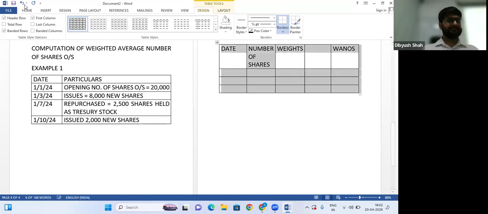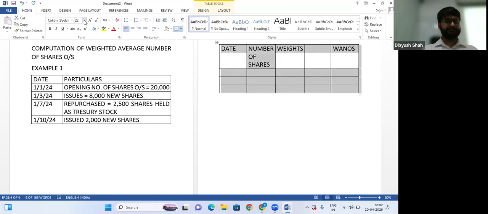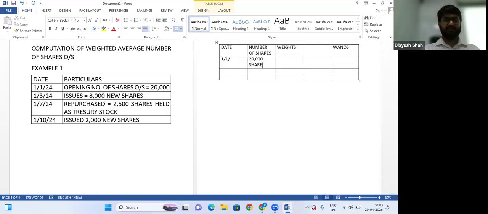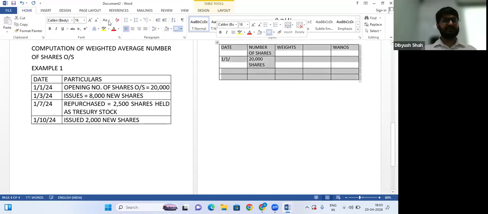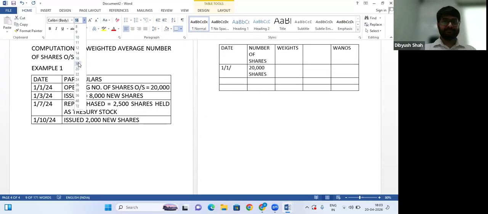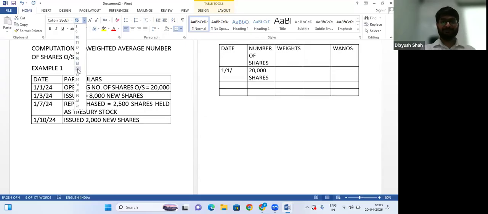Let's understand. On 1st of January, the company had 20,000 shares. The screen is clearly visible to you, right? I can zoom it maybe a little more. 20,000.